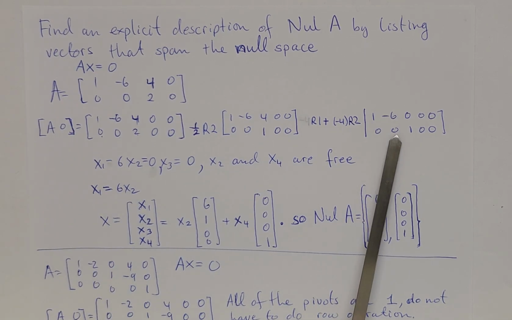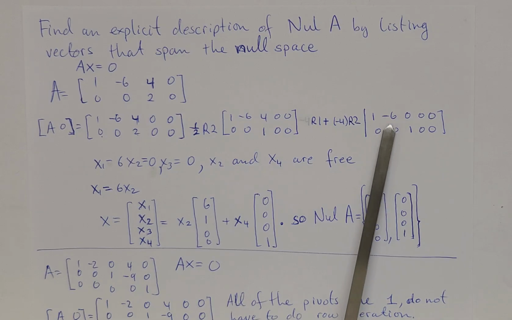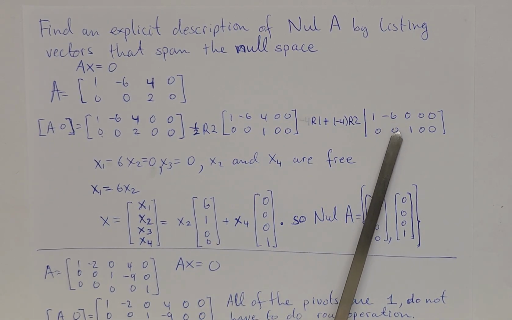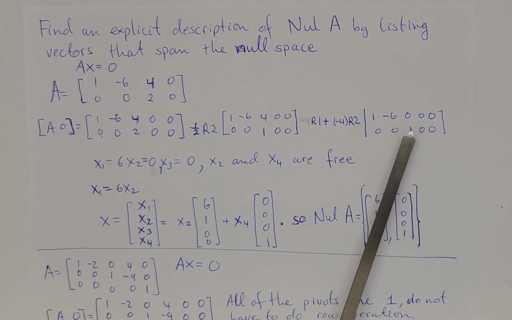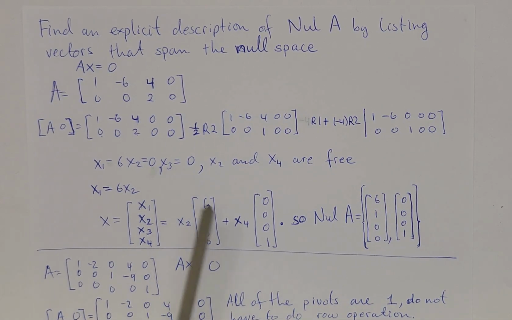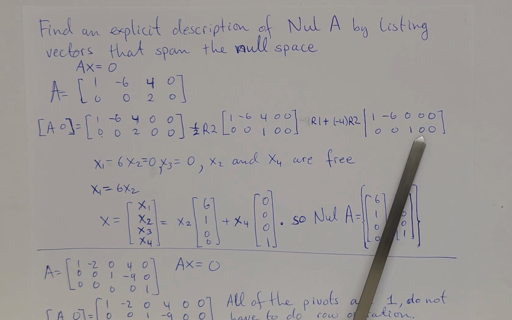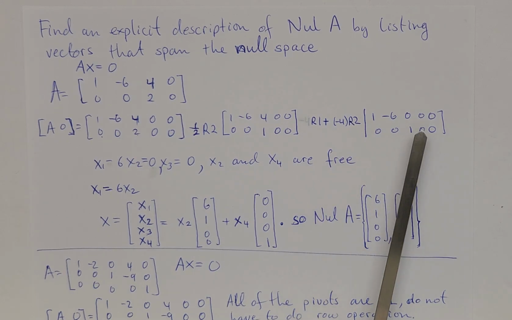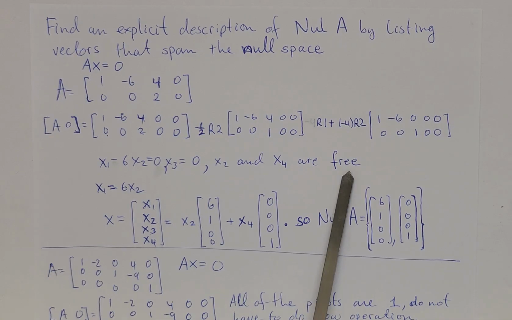Next, this column is x2, but there's nothing here, so we say x2 is free. Next, in this column I have something, so x3 equals 0, which I wrote here. Next column, because this is a 0 and this is x4, it is free.